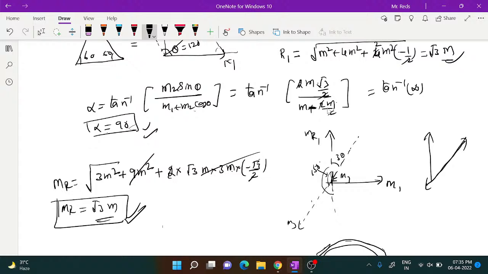A vertical line is 180, and if you subtract this 30, this one will be 150. That is the angle between the resultant and the third one, M3. By taking that angle, you can find the new resultant, which is root 3.